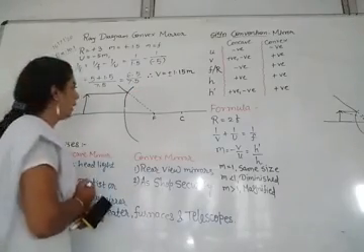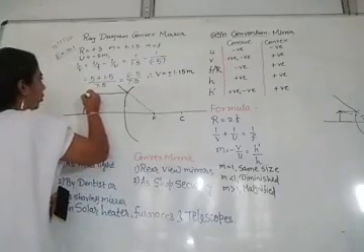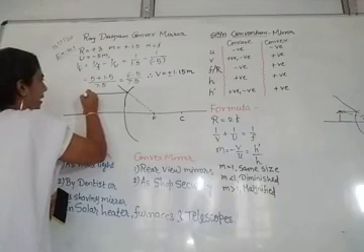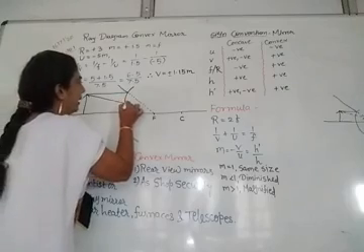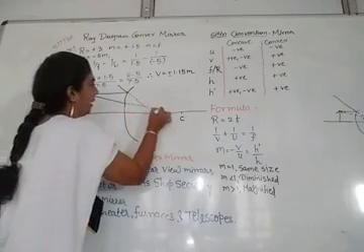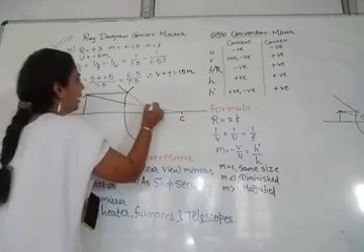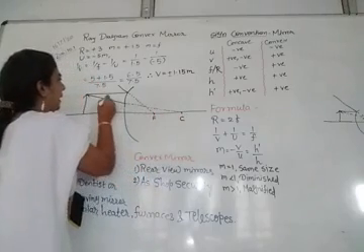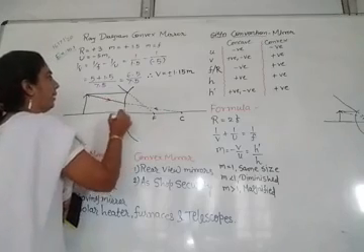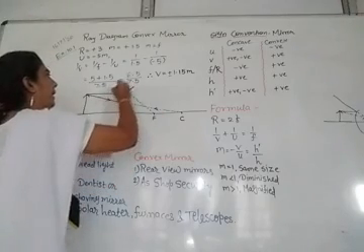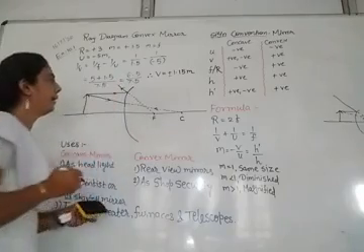The another ray we will take from the top of this, which will pass from the center of the curvature. After reflection, this ray is always coming back in the same direction. So this is incident, this is the reflected ray. This is incident and this is the reflected ray.